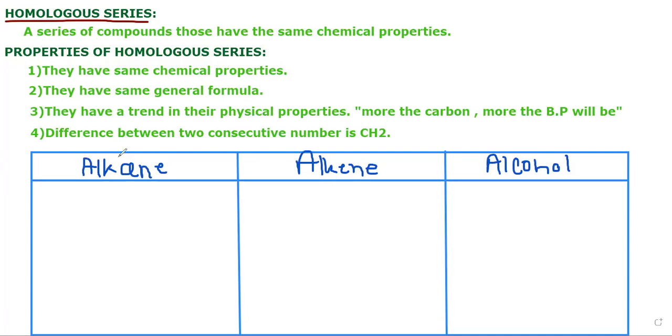So we know that all the alkanes, for example methane, ethane, propane, have the same chemical properties. In fact, they have the same general formula as well. Their general formula is CnH2n+2. All the alkanes in the world will have the same general formula, CnH2n+2. So they are of the same homologous series.